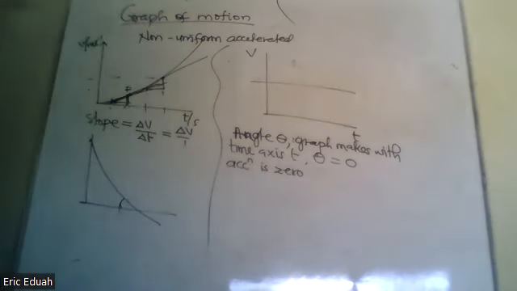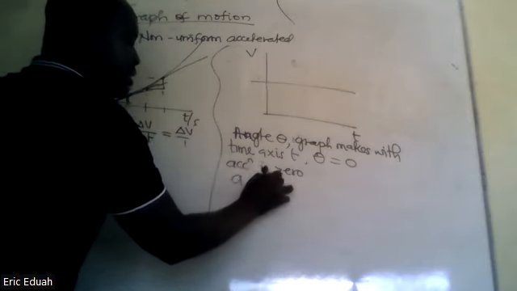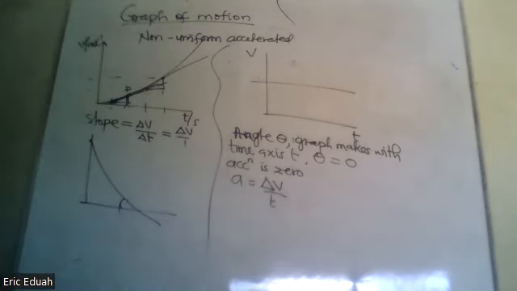No slope. Acceleration is 0 because a is equal to change in velocity with time.